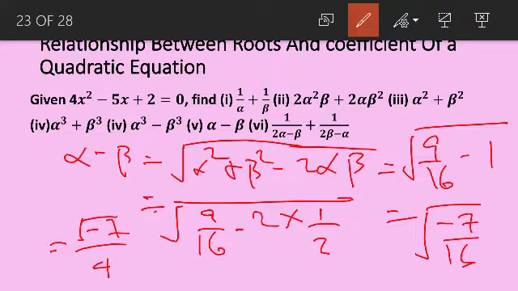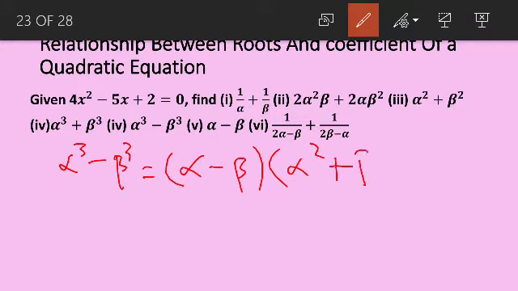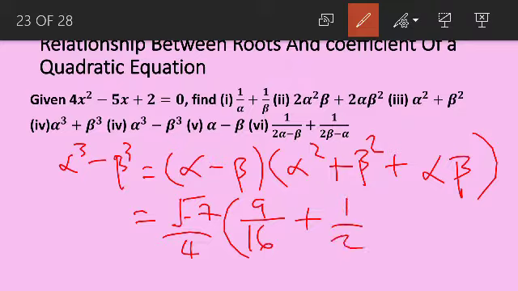So now let's go with the other one, which is alpha cube minus beta cube. We said it is the same thing as alpha minus beta into alpha squared plus beta squared plus alpha beta. So when we factorize this, this is exactly what we are going to get. Our alpha minus beta is already root minus 7 all over 4, into alpha squared plus beta squared, like we had before, is 9 over 16, plus alpha beta, which is 1 over 2.